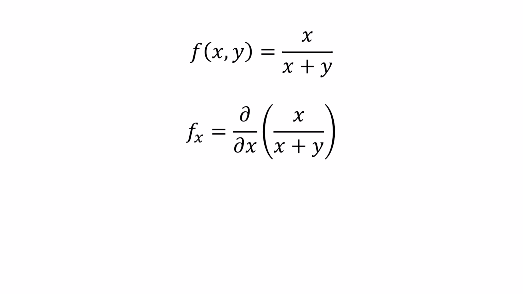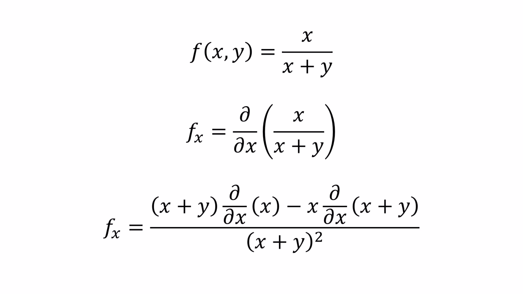Applying the quotient rule gives f sub x equals x plus y times d by dx of x minus x d by dx of x plus y all over x plus y squared.